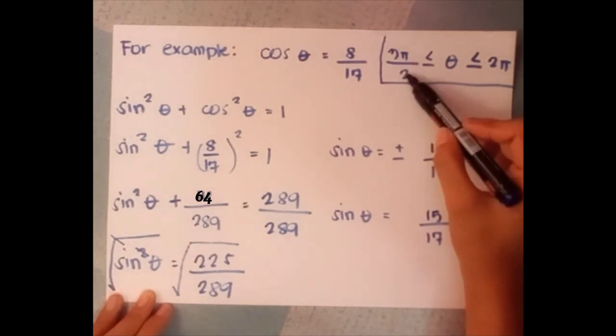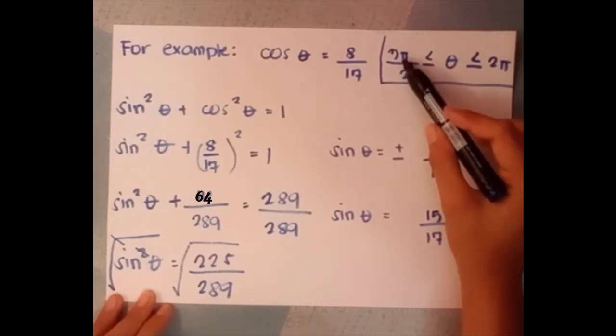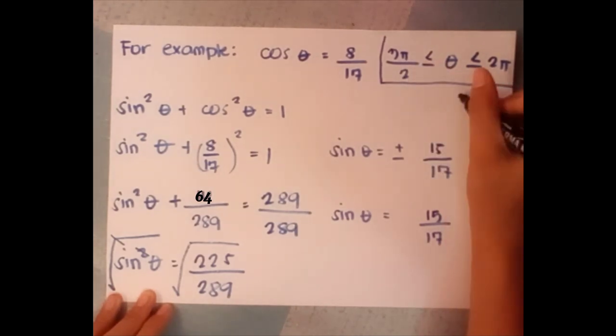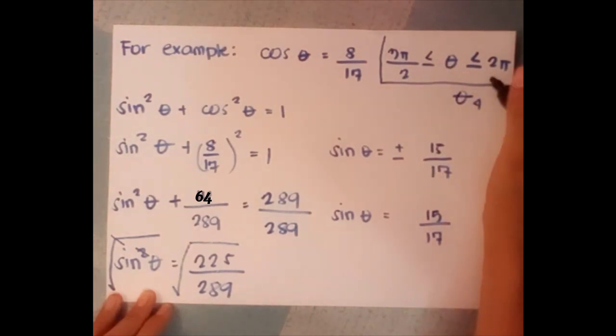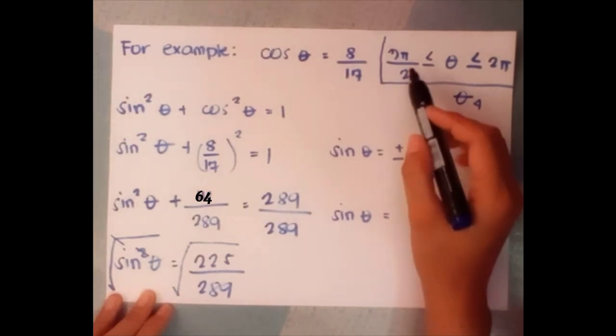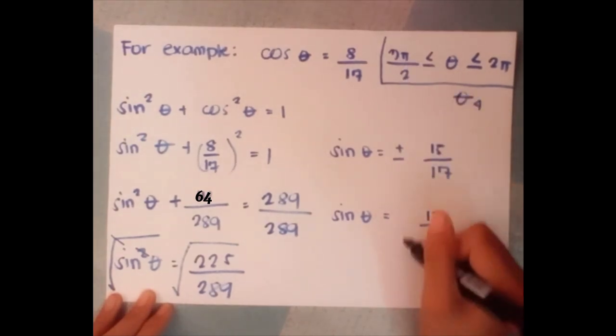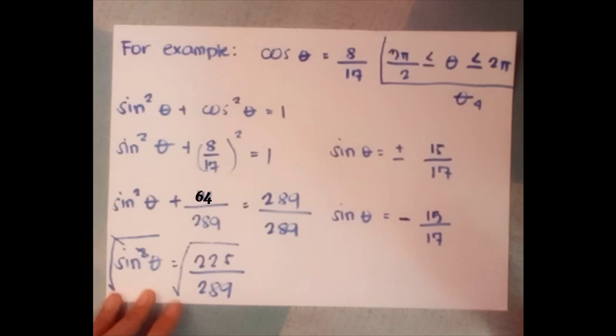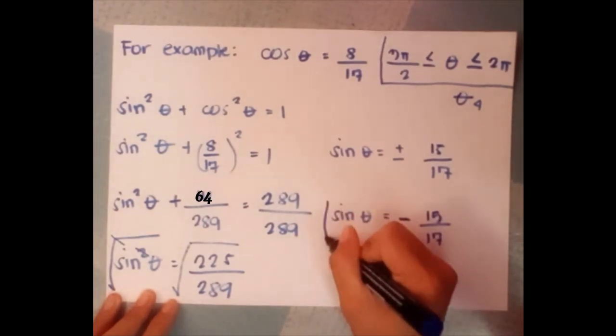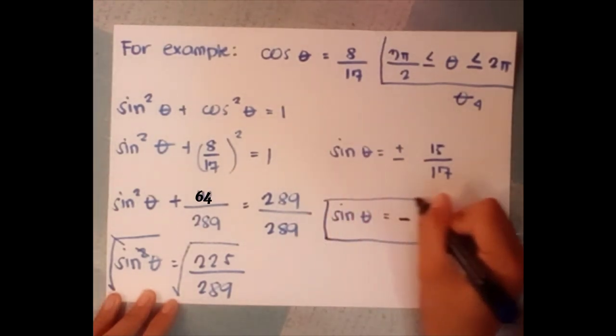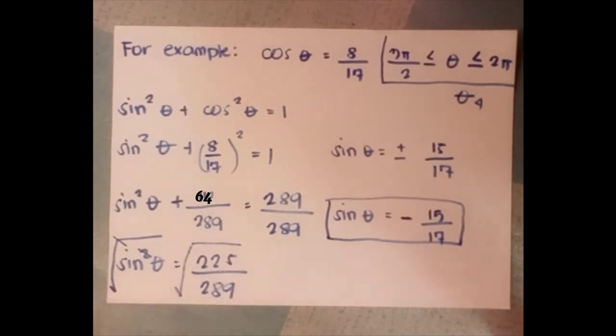Since 3 pi over 2 is equivalent to 270 and 2 pi is 360, this belongs to quadrant 4. So our answer is sine equals negative 15 over 17.